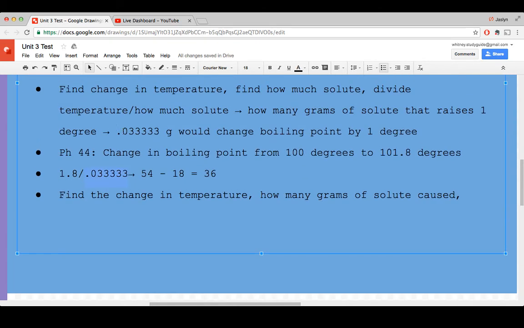And the way we got this was, we were told that it changed from 100 to 106 with 18 grams. So this change obviously is 0.6 degrees. But we just want to know how many grams it takes to change it 1 degree.